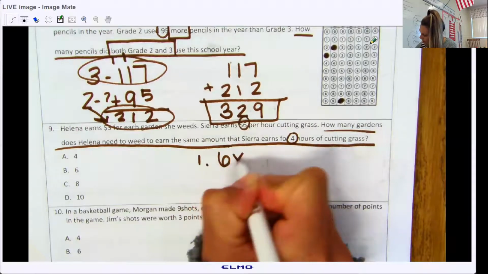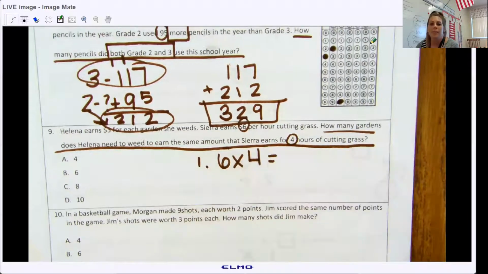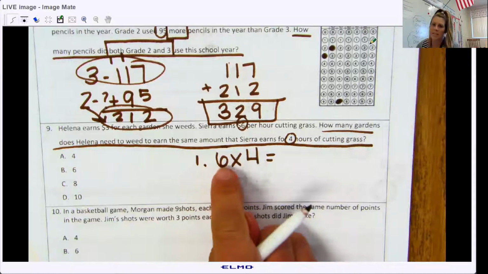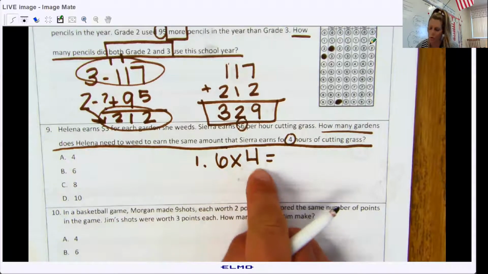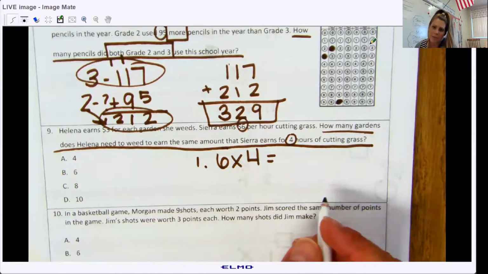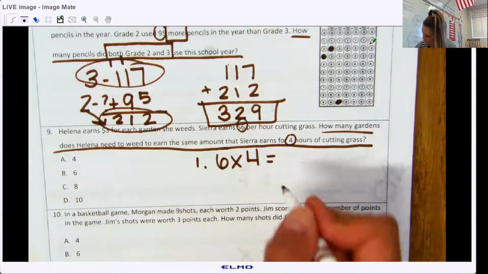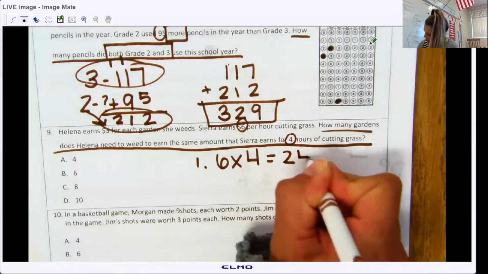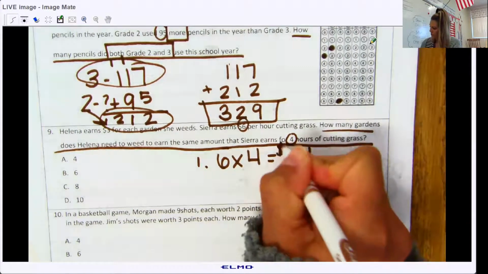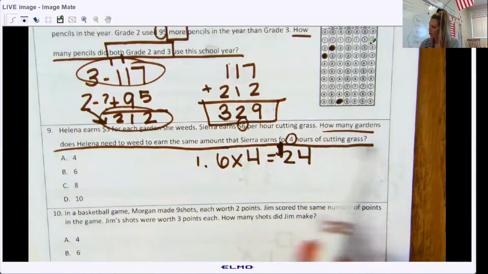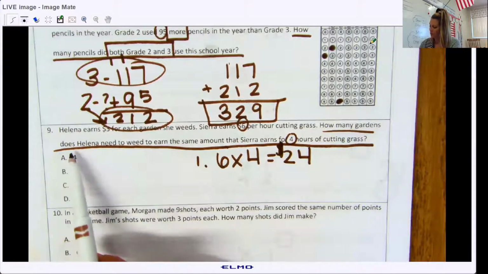We're going to multiply. Because she's mowing and she's getting $6 each hour for 4 hours. So what's 6 times 4? 24, right?